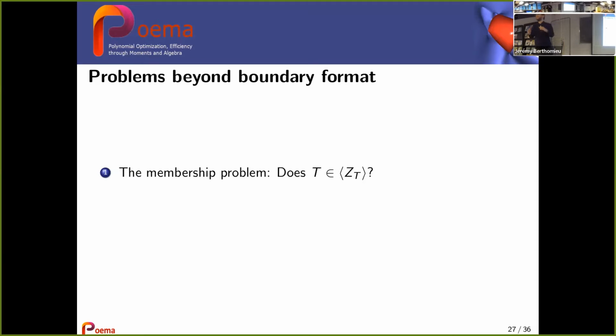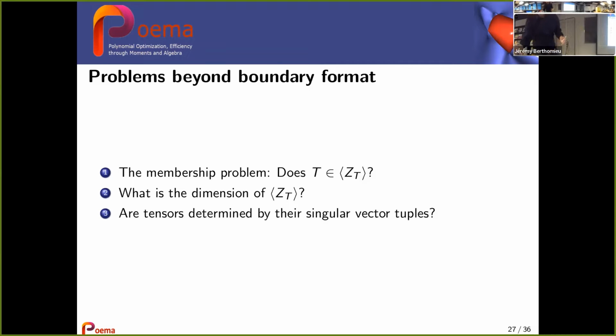However, the difference between matrices and tensors is that this decomposition is not minimal in general. So unfortunately, it is not as good as the matrix one. The second question is, what is the dimension of Z of T? And the last question is, are tensors determined by their singular vector tuples?